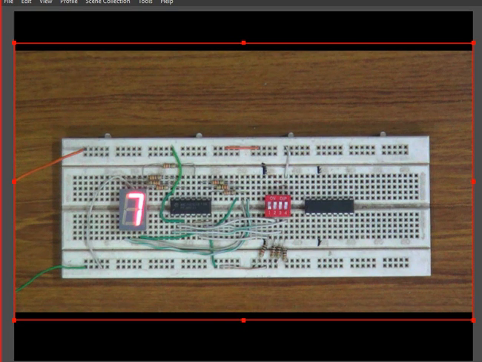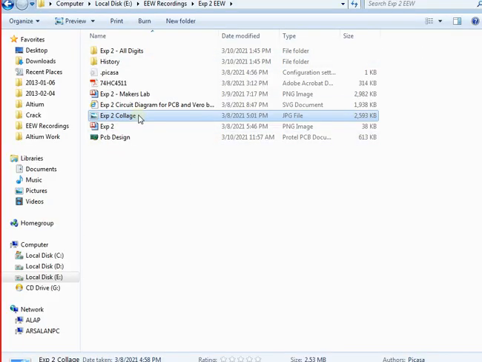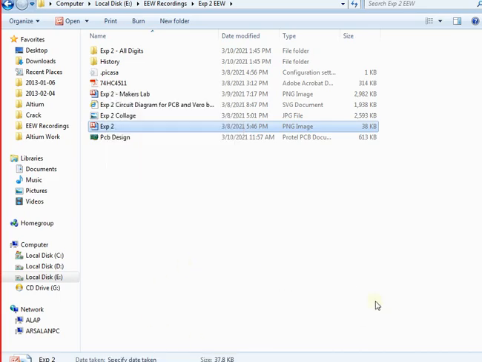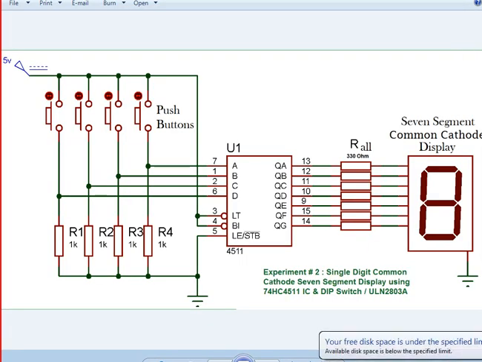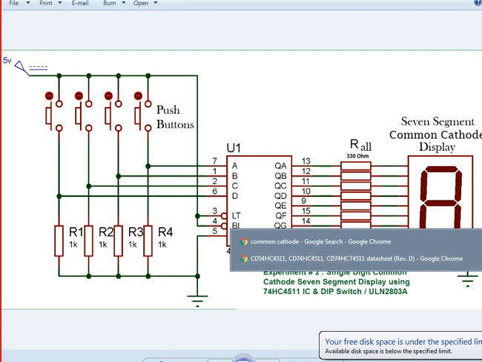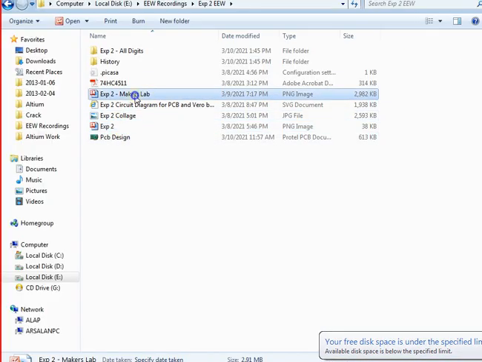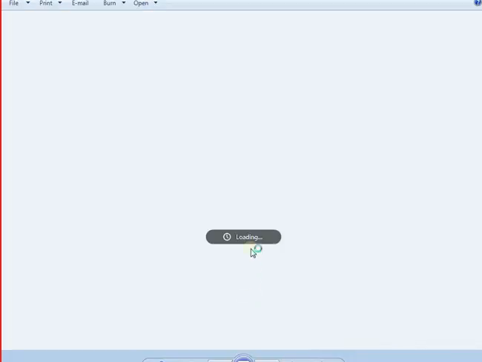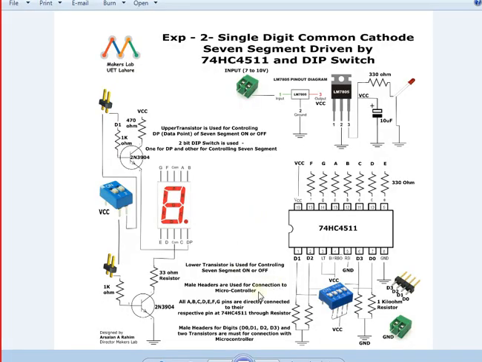Now coming to the main circuit diagram, which is actually the circuit diagram for this lab also. Sorry, not this one actually, let me see. Yes, this is the circuit diagram. I hope everyone can have a look at this one.